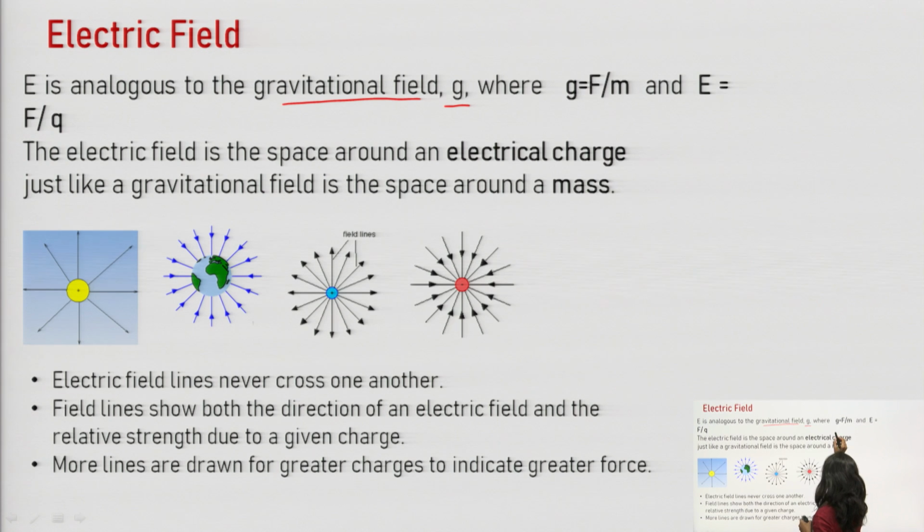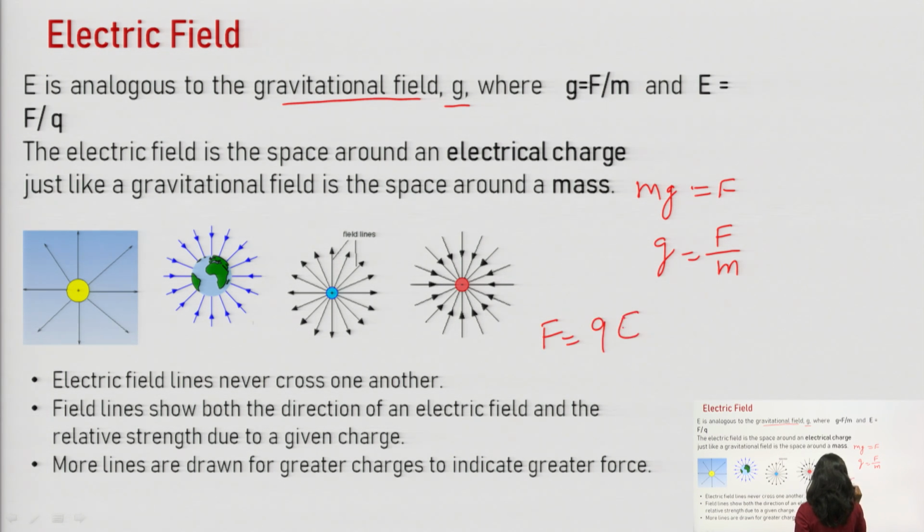From mechanics, we know that mg is the weight or gravitational force, and g is equal to F by m, where m is the mass. Similarly, in electricity, the force is equal to QE, and E will be equal to F by Q.